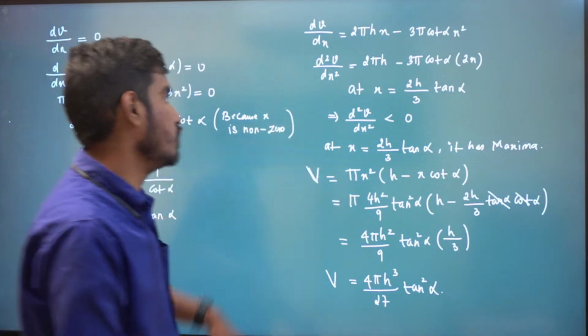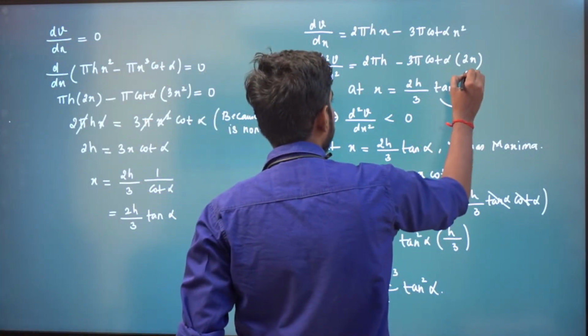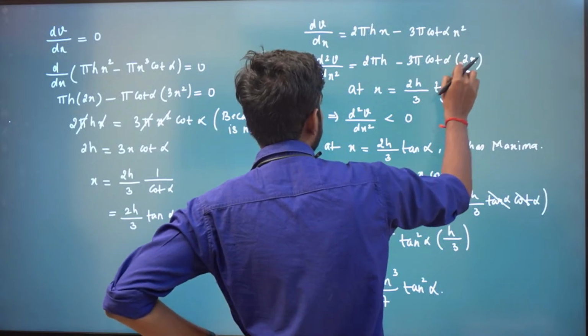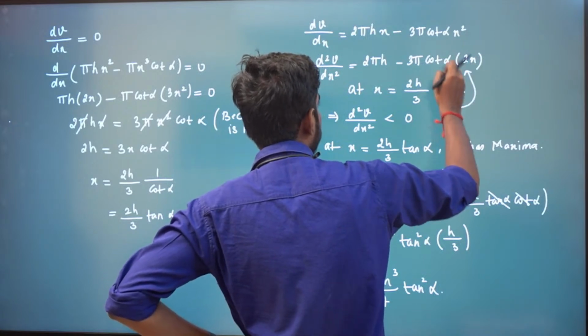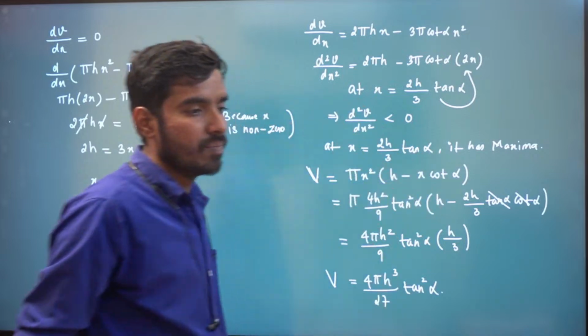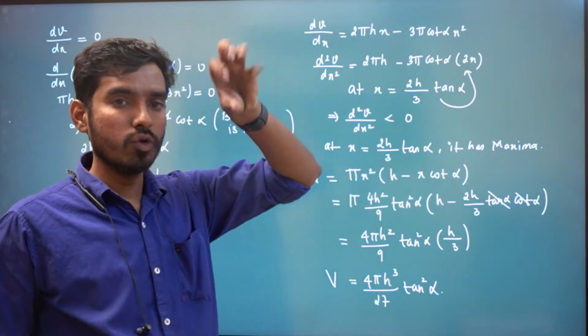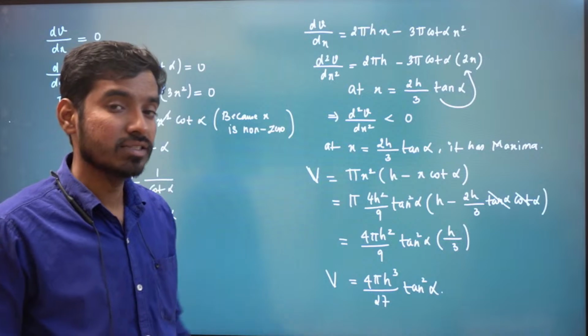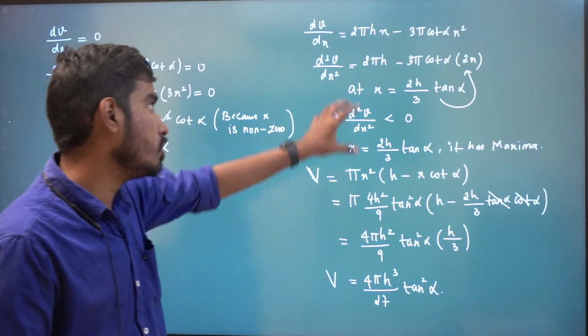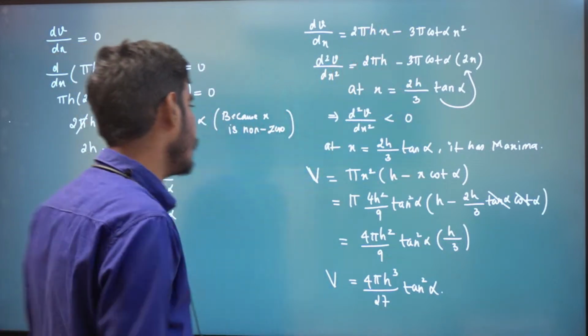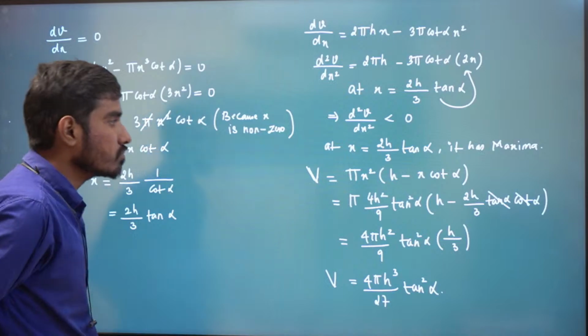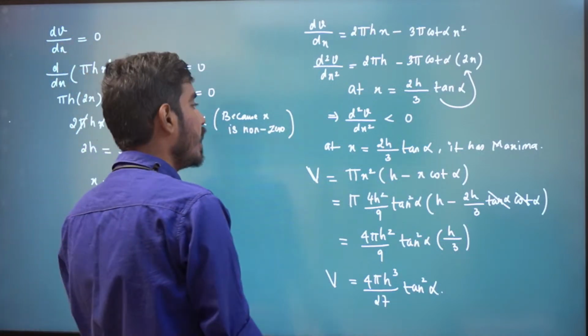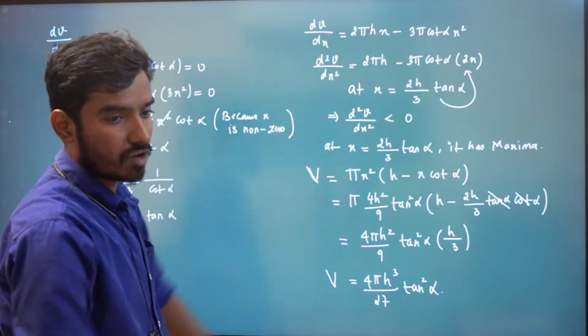This you can prove, right? You just substitute this point here, and you simplify. You will get the whole quantity to be less than 0, making use of x being greater than 0. So that means at this point it will have a maximum. For the maximum value, you substitute the critical point in the function.